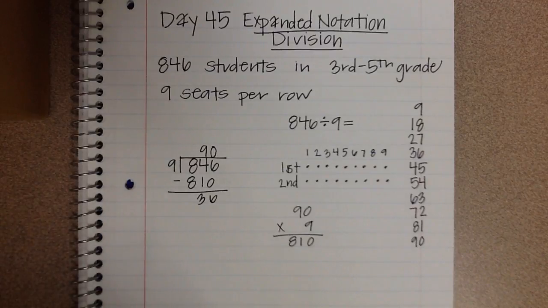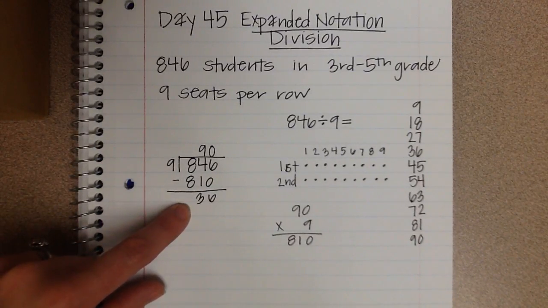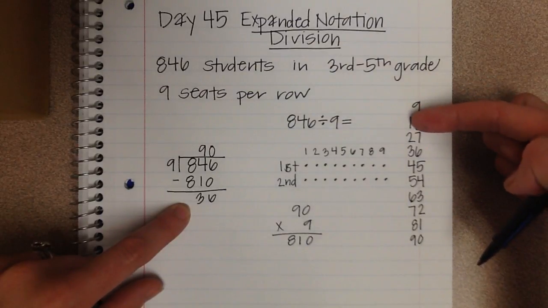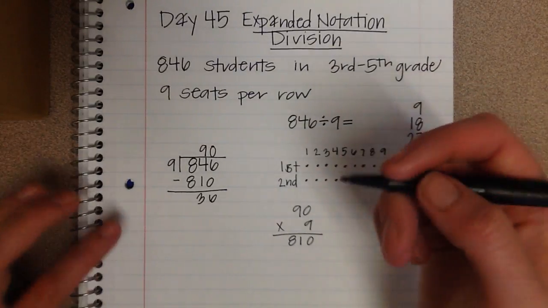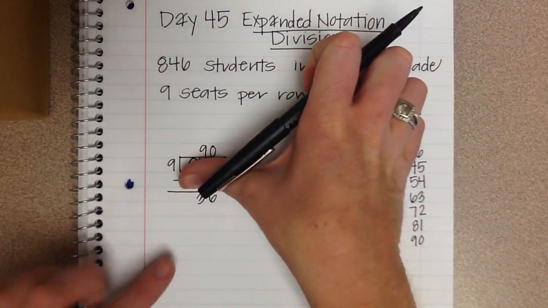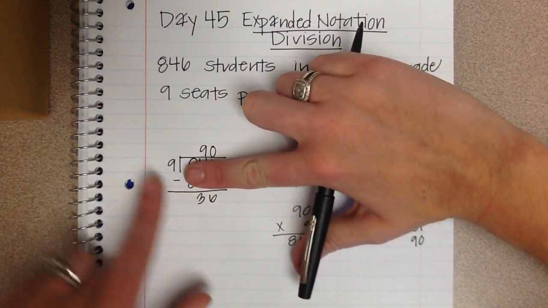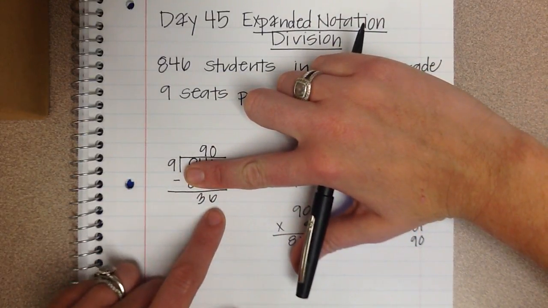So now what I'm going to do, I'm not going to move it over to the side. I'm going to say, does 9 go into 36? It does. 1, 2, 3, 4. So if we ignore this part right there and we look just at the 9 and the 36, oh, sorry. 9 goes into 36 4 times.